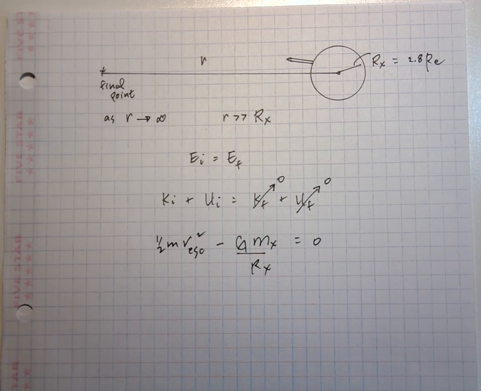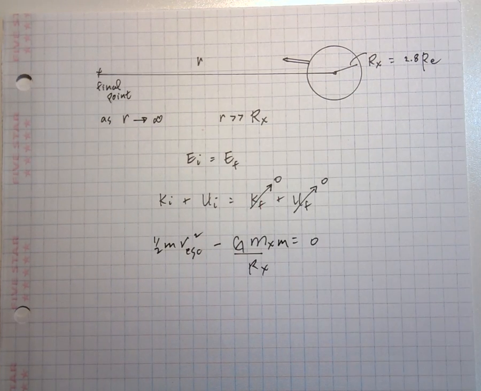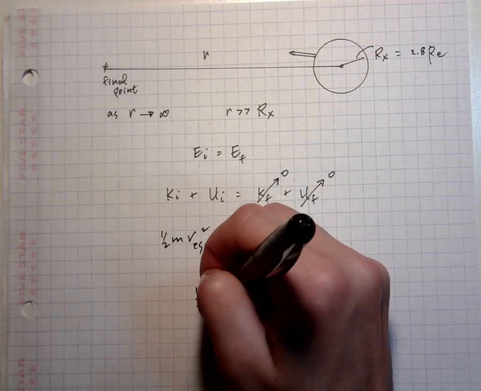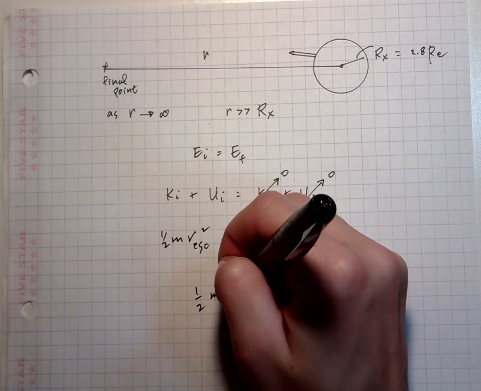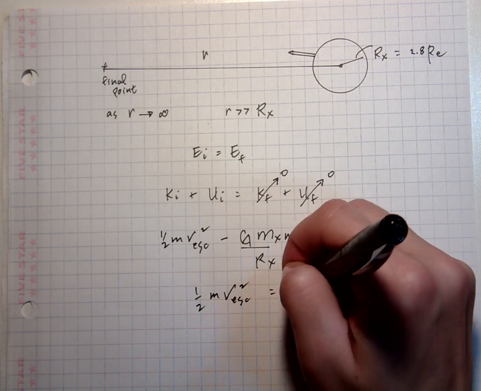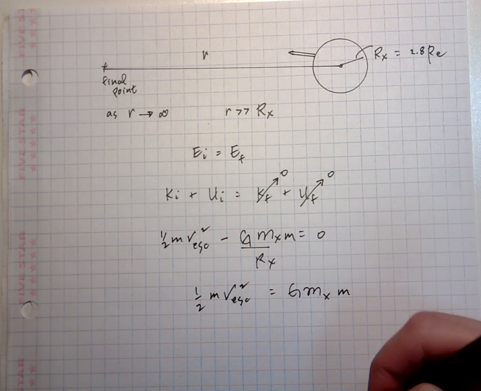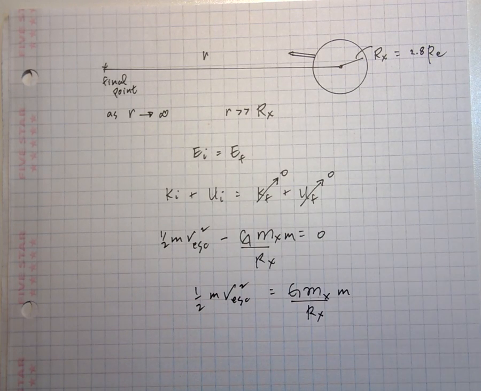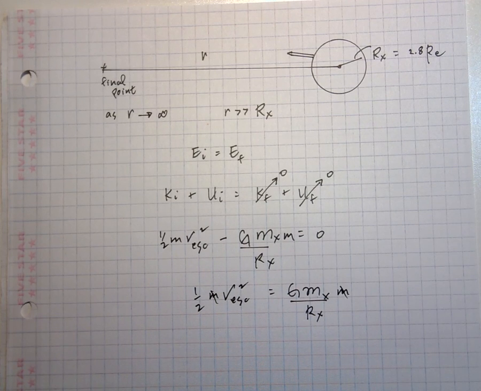So now, if we solve algebraically, and you also need the mass of the rocket in your gravitational potential energy term. So now, if we set both sides equal to each other, 1/2 m times the escape velocity squared equals G times the mass of planet X times the mass of your rocket over the radius of planet X. The mass of your rocket cancels on either side.